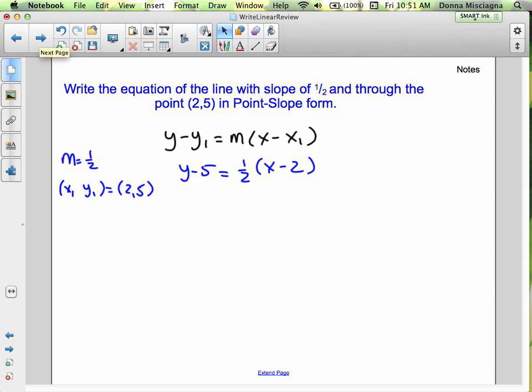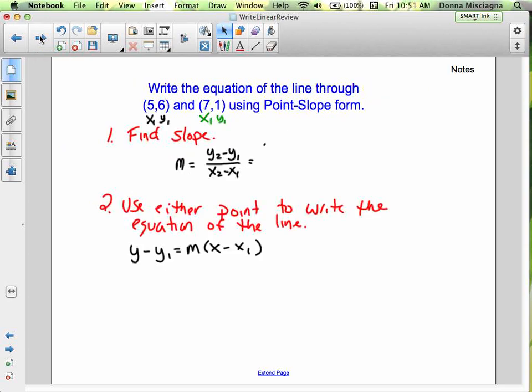All right, so you have that one in your notes. Let's look at the next one. We want to write the equation of the line through (5, 6) and (7, 1) using point slope form. So now this time we have to find the slope. Using the slope formula, we're going to take the difference in the y coordinates over the difference in the x coordinates and simplify if possible.